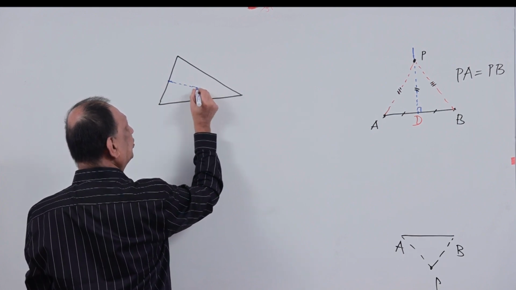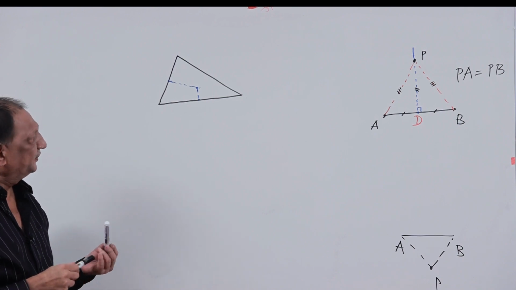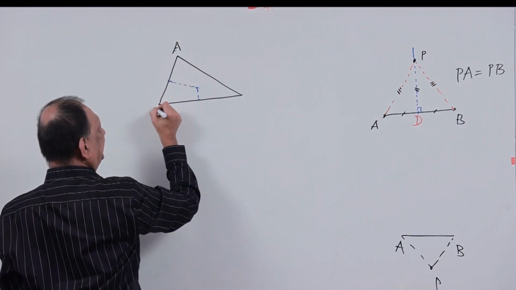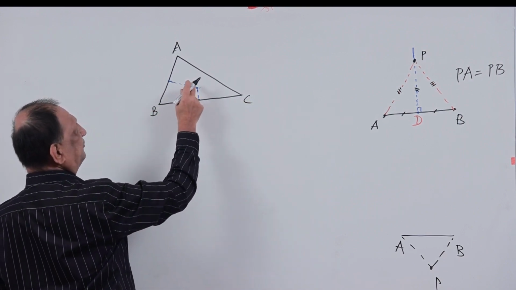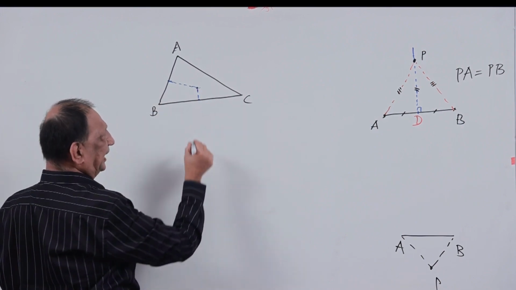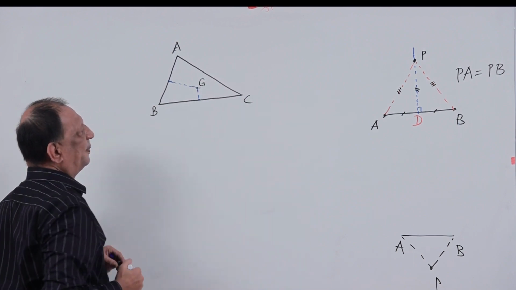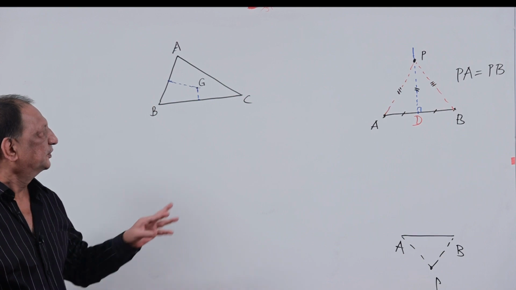I will draw only 2 for the moment. I will not draw the third one. That means we have triangle ABC. I have drawn the orthogonal bisector of BC and AB. They intersect at a point because they are not parallel, definitely. And I am calling it G.